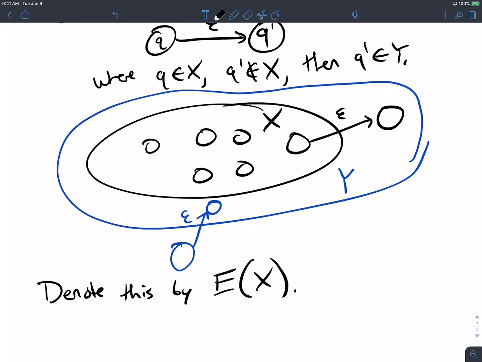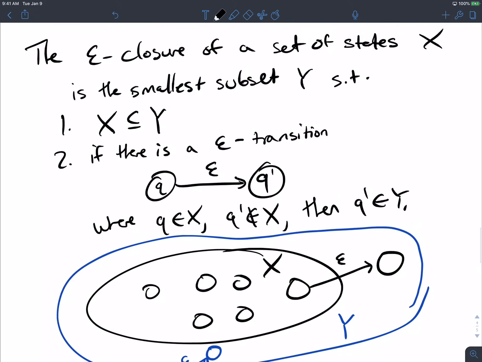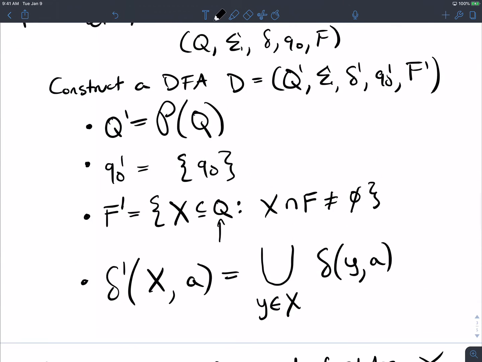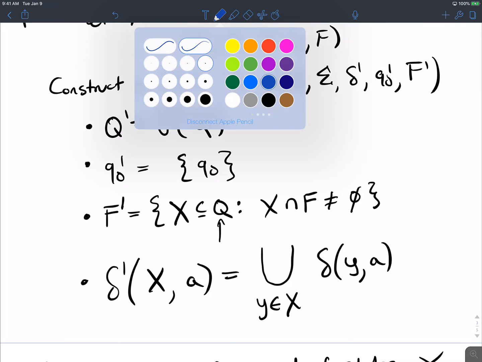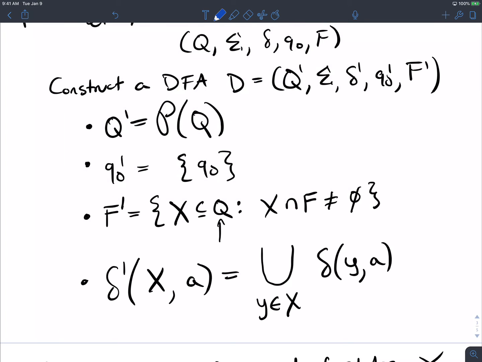Any questions about this? Okay, so we're almost done, I promise. No jokes. So what about our construction of our DFA? What do we need to amend here?